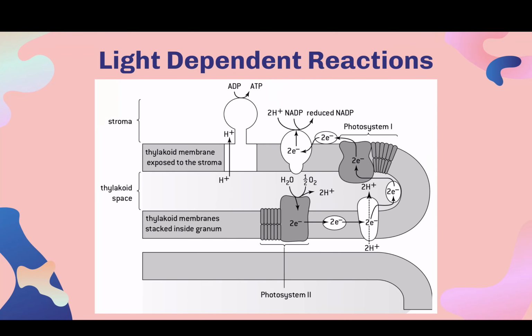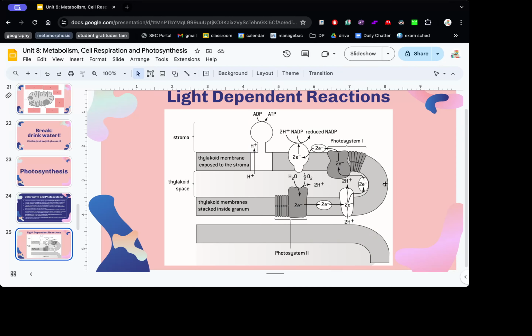Does everyone understand the light-dependent reaction? Is photosystem 1 and light-dependent reaction the same? Photosystem 1 and photosystem 2 are both parts of light-dependent reactions.